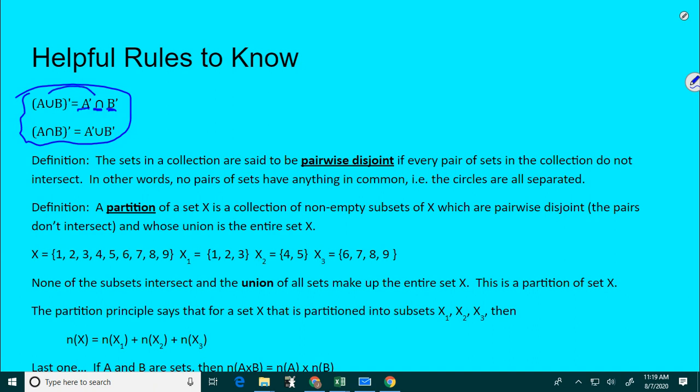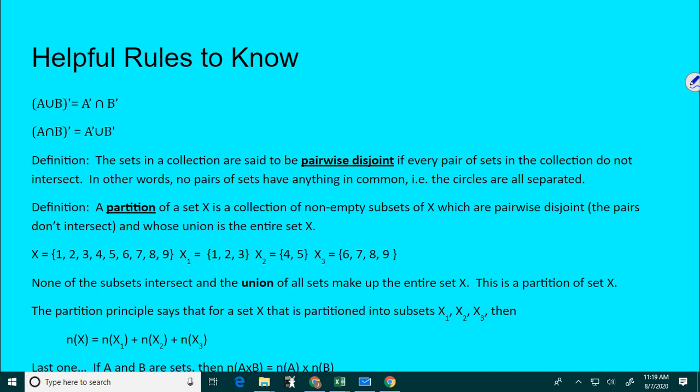If I flip that, I have A intersect B, but I have the complement of that. Notice how that changes. That's A complement union B complement. You can look at that back in the last, or just on a Venn diagram, draw it out, and you'll see it.